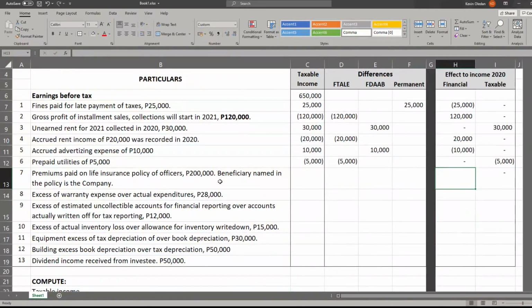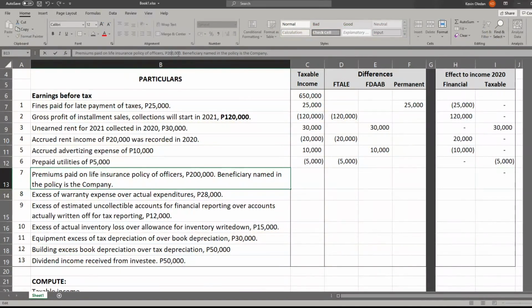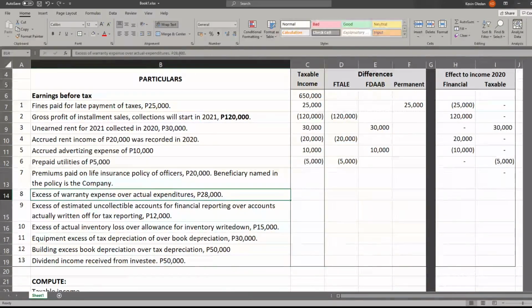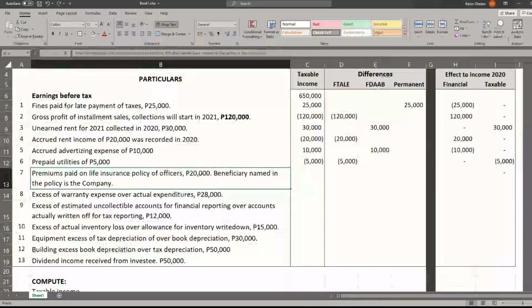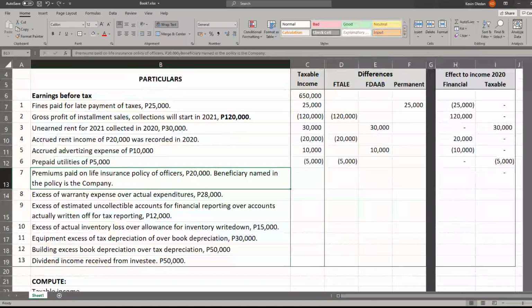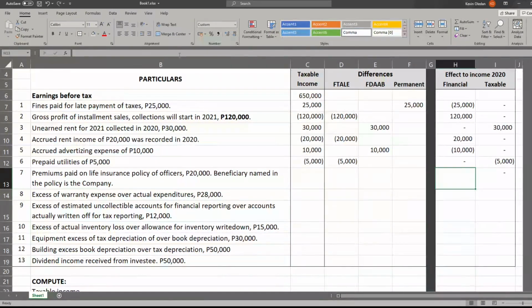Okay. Can I alter the given a little bit kasi that is too much for premiums. Let's just say it's 20,000. Sorry about that. A quick alteration so that we don't see any irregularities. Sabihin natin 20,000 ang binayaran. Nagbayad ka ng premium for insurance policy of an officer.